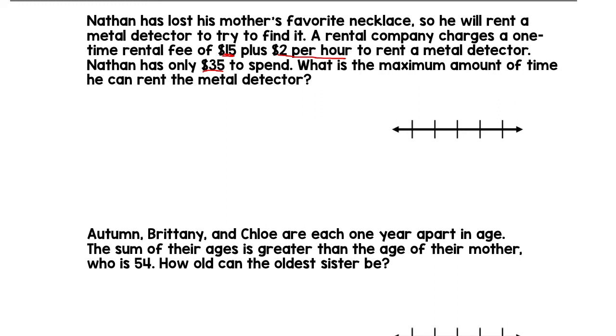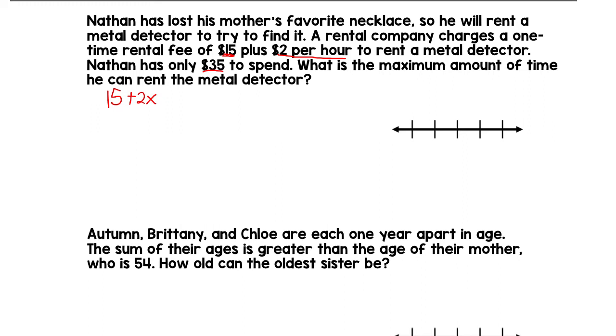Well, if it's $15 no matter what, that means we're going to have 15 all by itself. And if it's $2 per hour, that means adding on to that 15, we're going to multiply 2 times how many hours he has it to find out how much it costs.